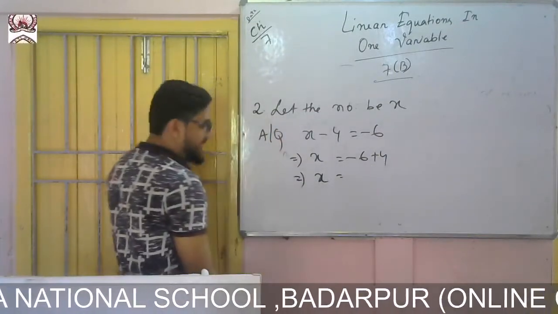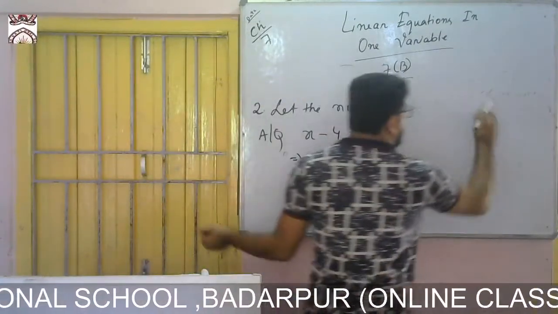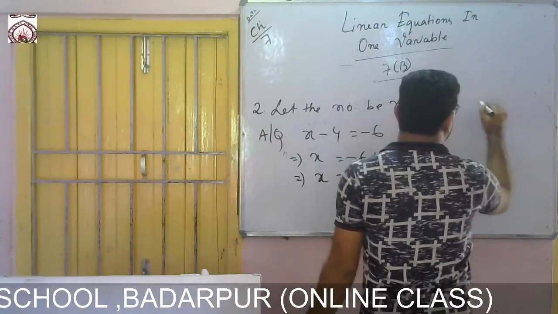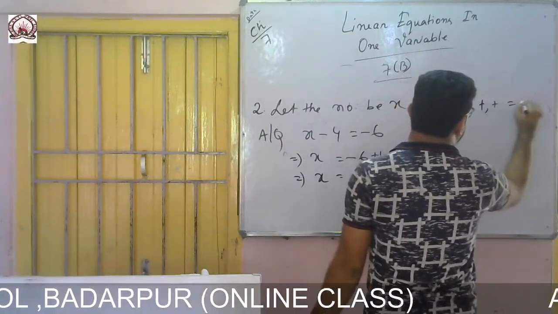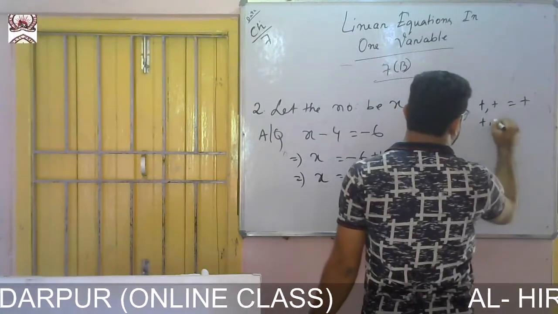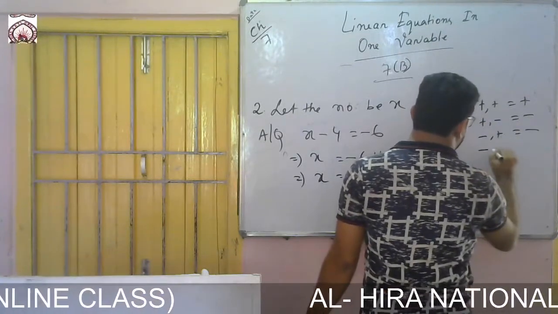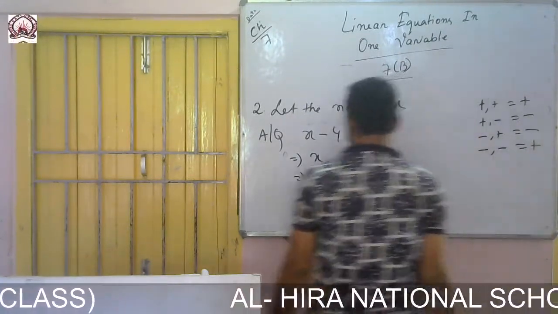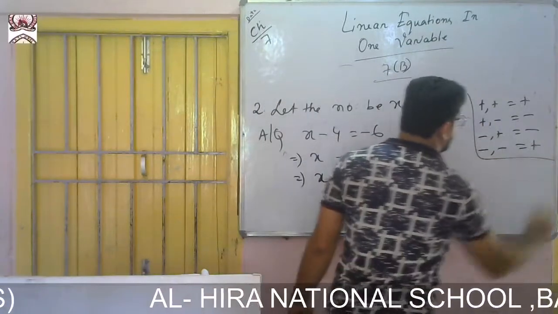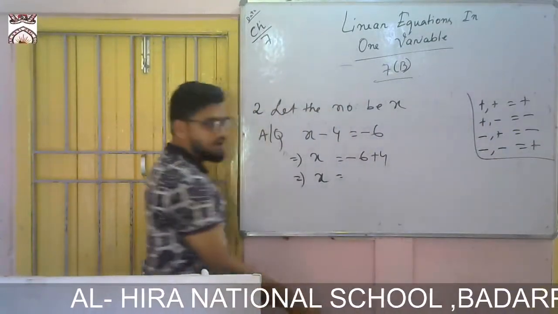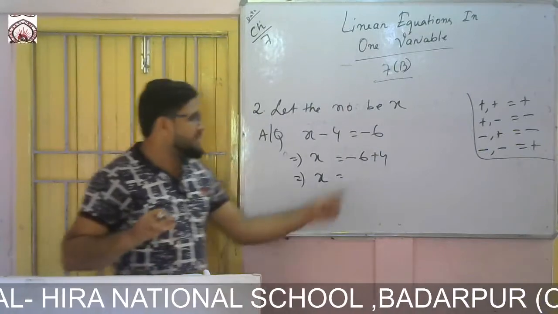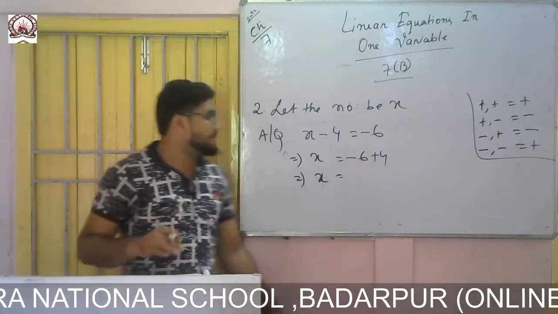These things you have already learned. Plus into minus it is minus. Minus into plus it is minus. Minus into minus it is plus. So you remember that one. So here plus and minus it is minus.